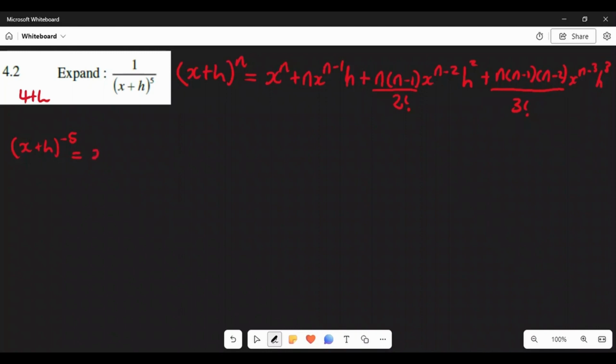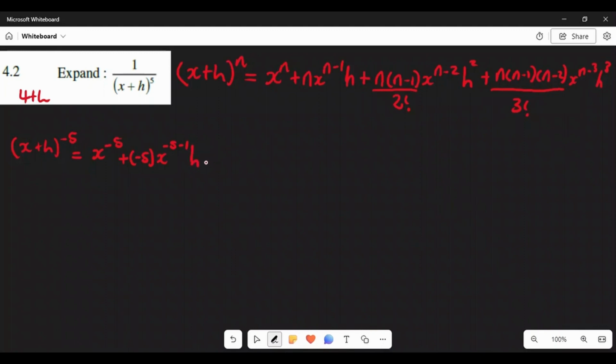First of all, we put x as x, and then since n is negative 5, we write negative 5 there. Then plus, here we have negative 5 as the second term, and we have x to the power of negative 5 minus 1 multiplied by h.